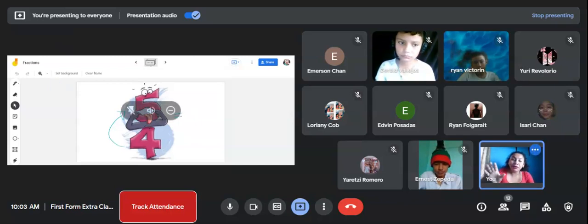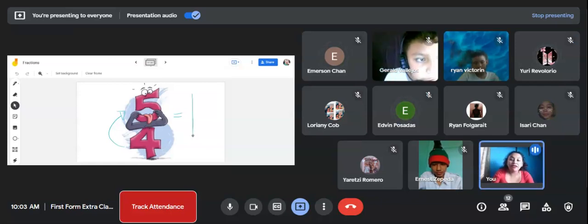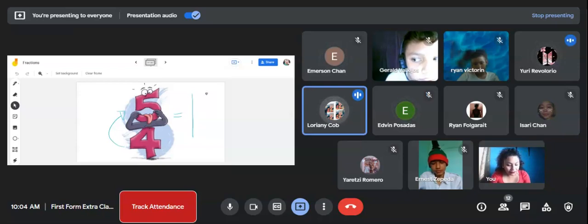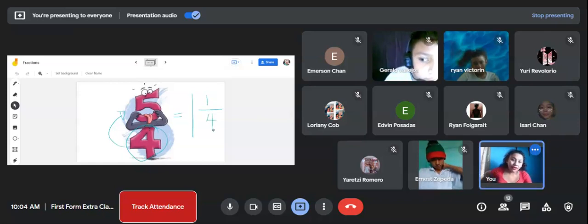How many times can 4 go into 5? One. Do you have a remainder? Yes, one remainder. One. And I'm going to write the same denominator at the bottom. And I have changed it to a mixed number.